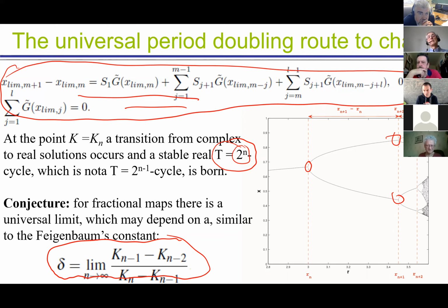Points where there is a transition from complex solutions to real solutions, and this analysis should now be performed on those equations. And it's interesting that it should be the same, actually not independently, but on a very wide class of functions G. We must have the same properties, and they should somehow be extracted from the structure of those equations.